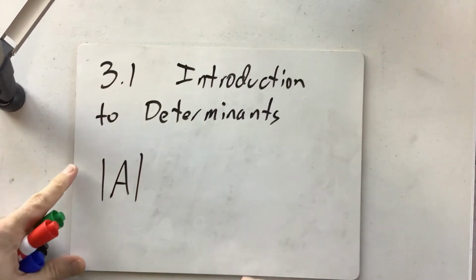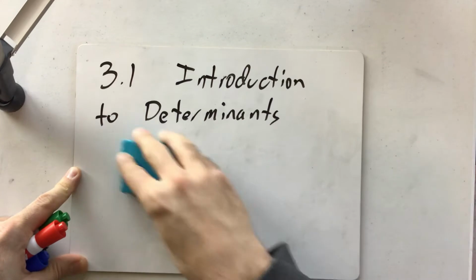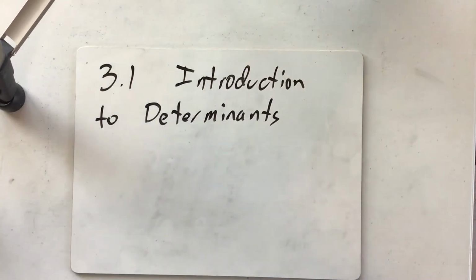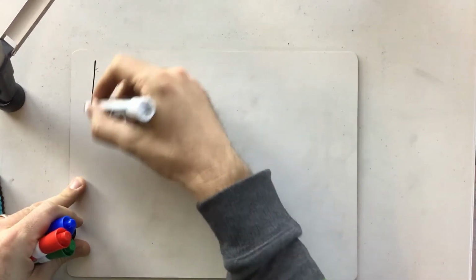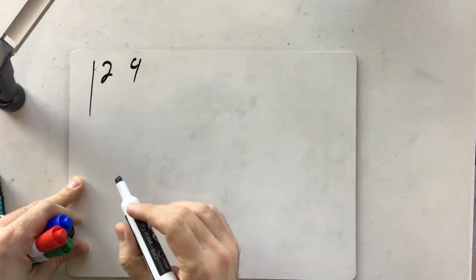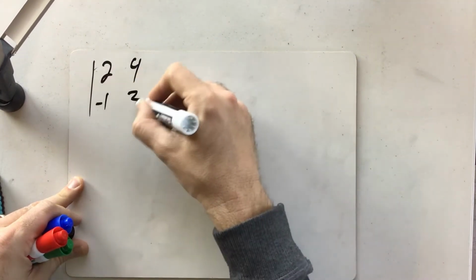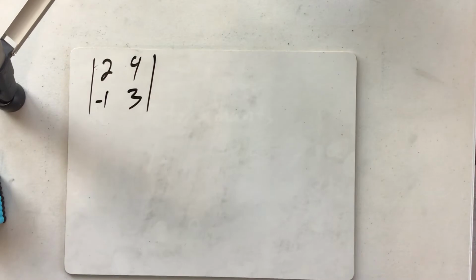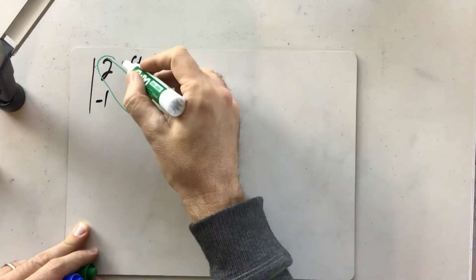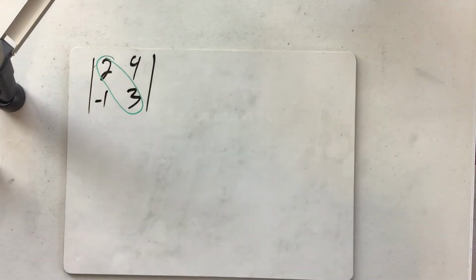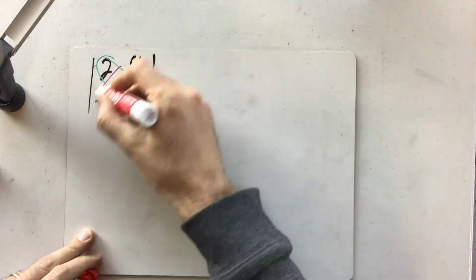Okay, so let's go to the determinant problems that we've already done. We've already done one that's pretty simple, so let's solve this first problem, the matrix 2, 4, -1, 3. What you found was that we took these two and multiplied them together, and then took these two and multiplied them together.